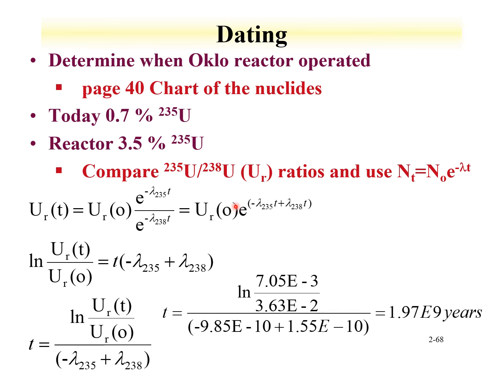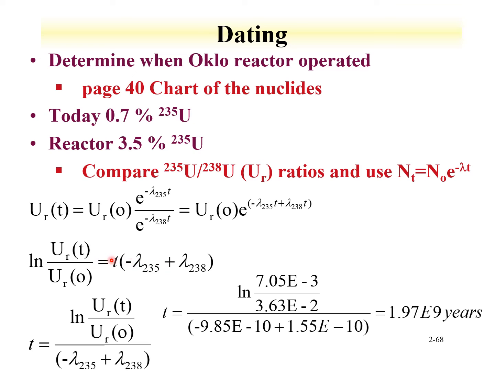We just rearrange, we solve for time. We have the ratio at time t, the initial ratio. We know the decay constants. We rearrange this equation, and we get a value on the order of 2 billion years, which is actually pretty accurate.